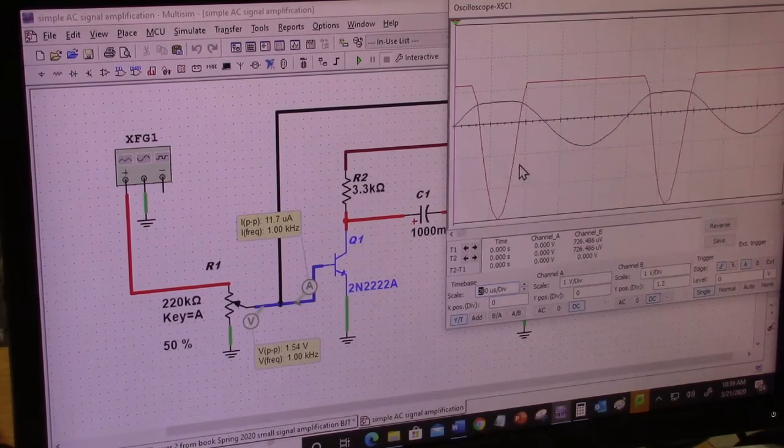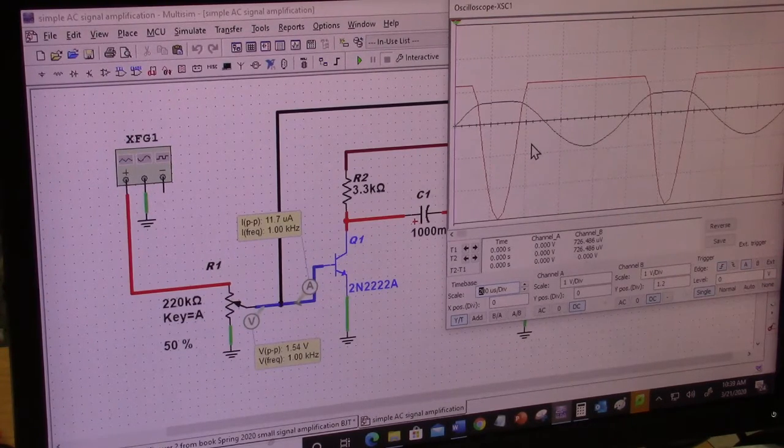So that's a serious disadvantage, even though we can use this as a signal amplifier, especially as a very small signal amplifier where it's not like an audio signal where you're concerned about the fidelity of the sound. This would work fine.